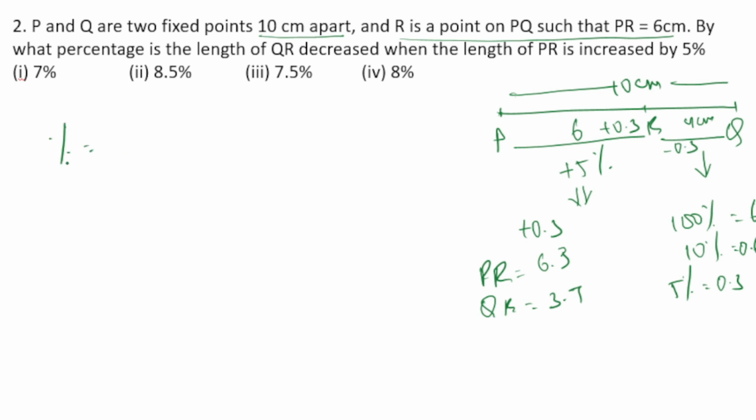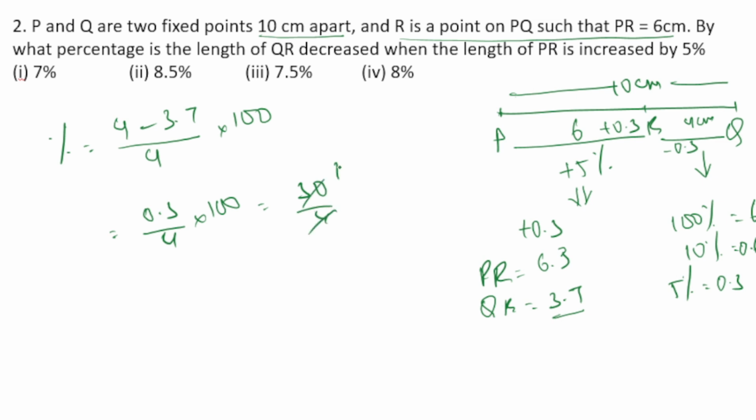Percentage reduced is equal to the difference of the QR values, initially 4 centimeters minus the new QR value 3.7, divided by the old QR value 4, into 100. It is 0.3 by 4 into 100, it is 30 by 4, it is 15 by 2 and it is 7.5%.